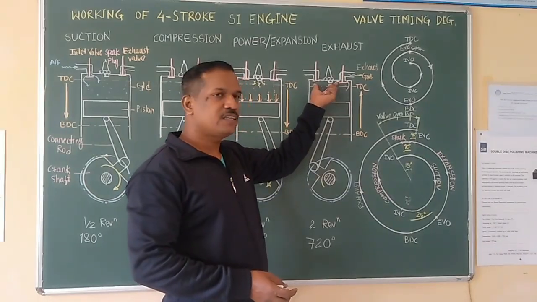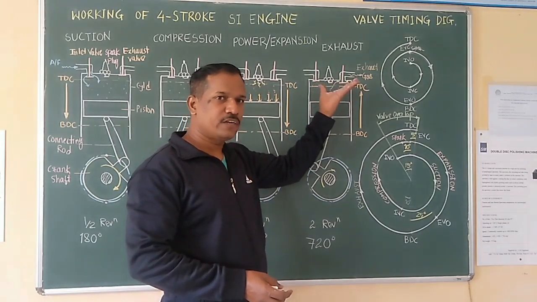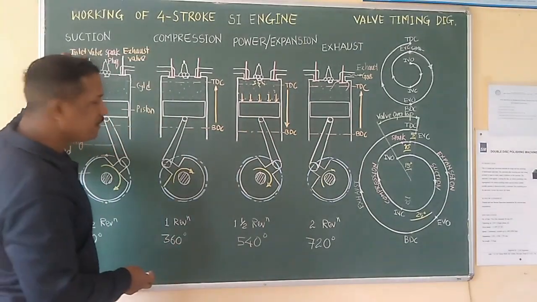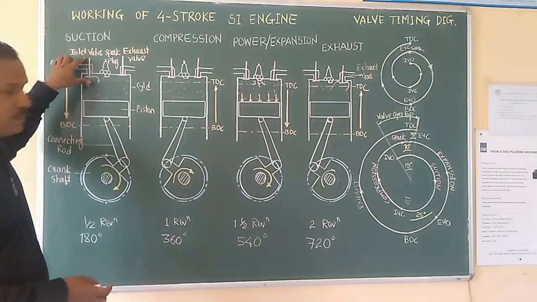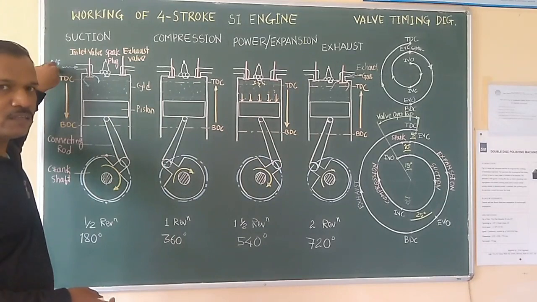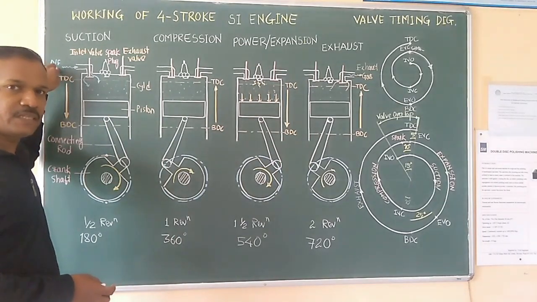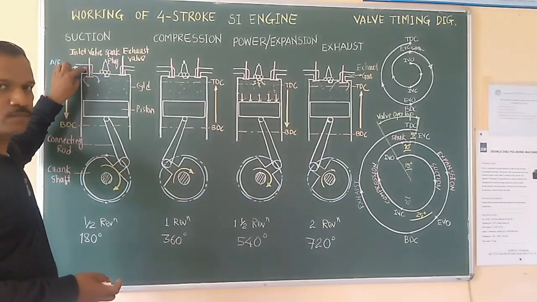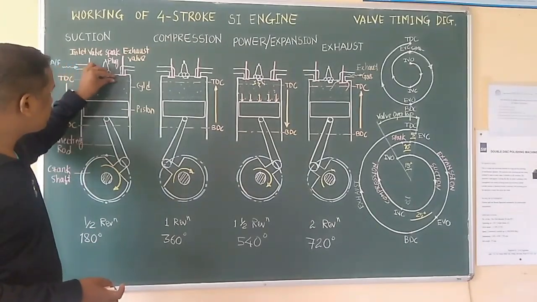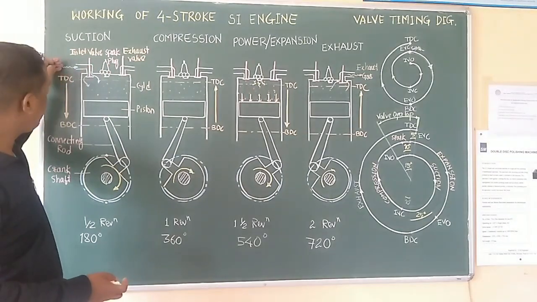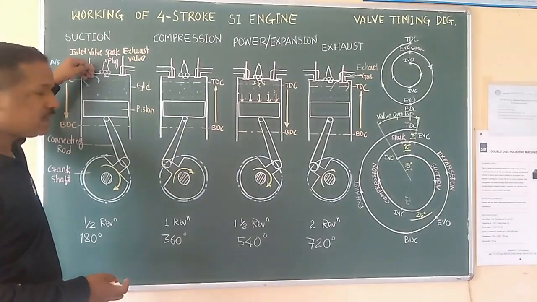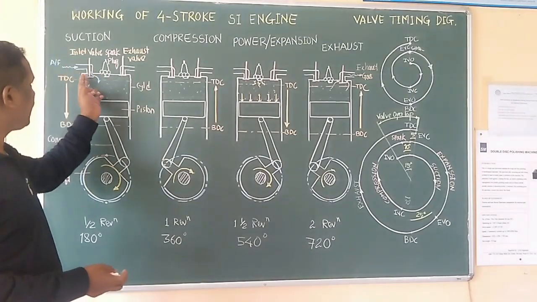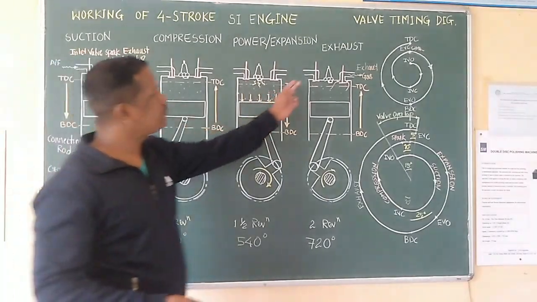In the clearance volume there are exhaust gases having low density, and 15 degrees before TDC we open the inlet valve. Outside the inlet valve there is fresh cooled air fuel mixture, which has a higher density than the exhaust gas portion. So the high density mixture comes inside due to the density difference and pushes the low density exhaust gases out.